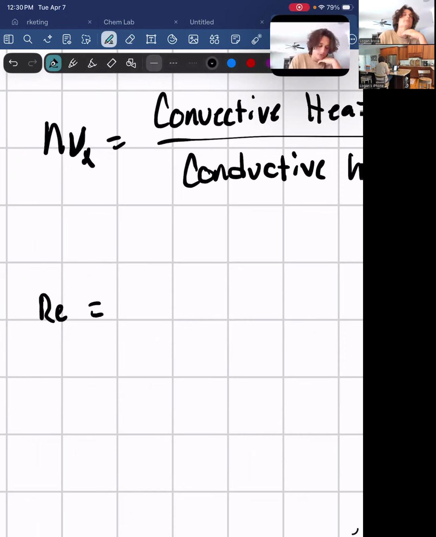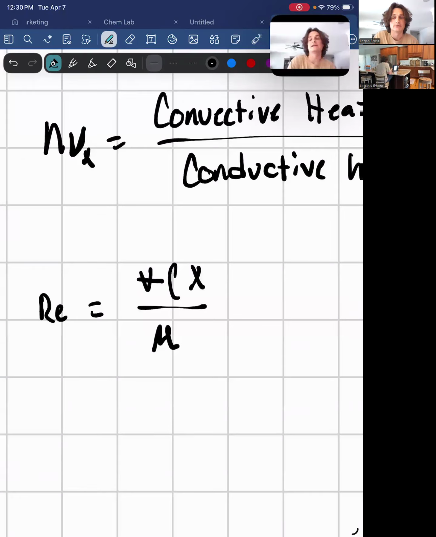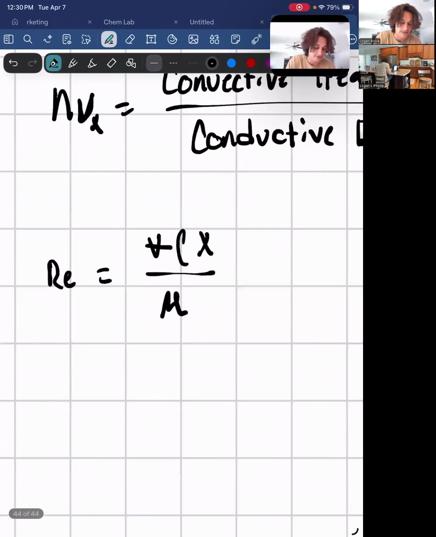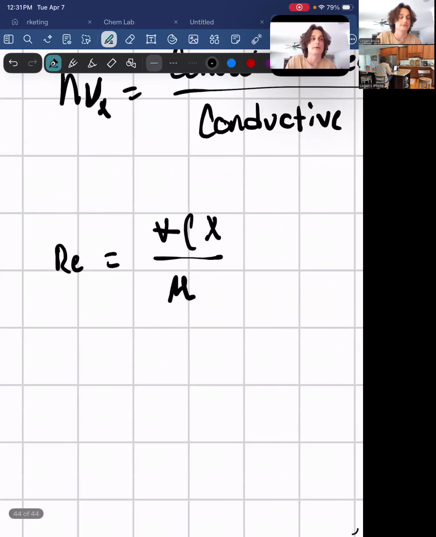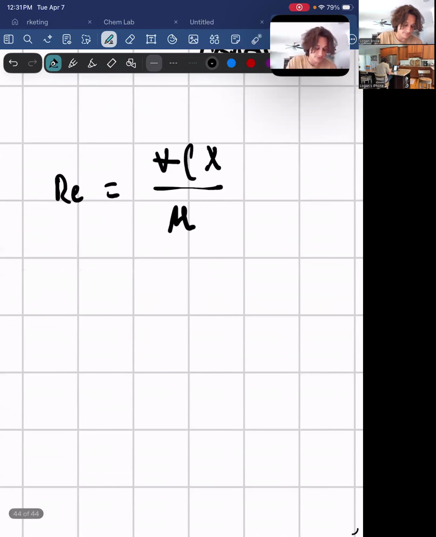Our Reynolds number is a dimensionless number, and we know that to be our velocity times our density times some length, here it's going to be x, all over our viscosity. That is our Reynolds number. It's a dimensionless number, it's very famous, and for laminar flow it's very important.